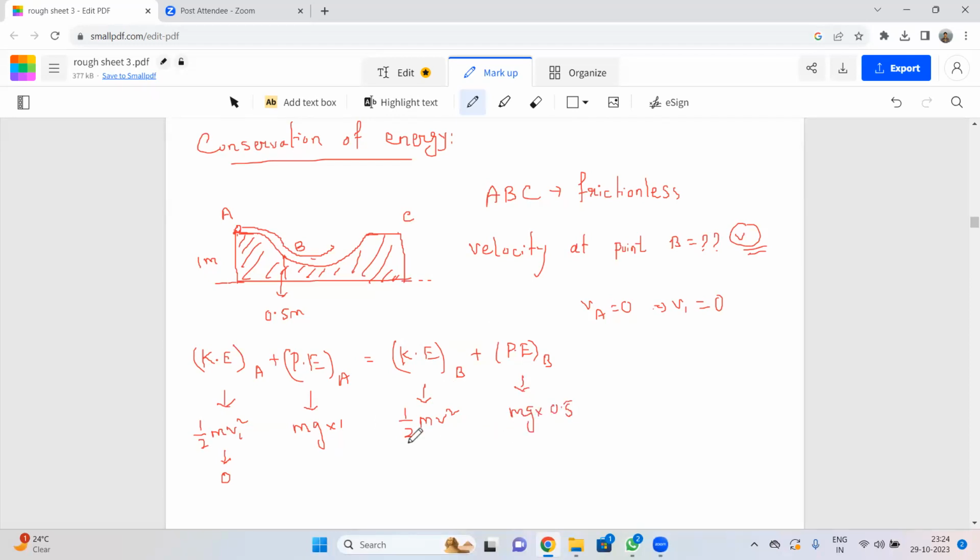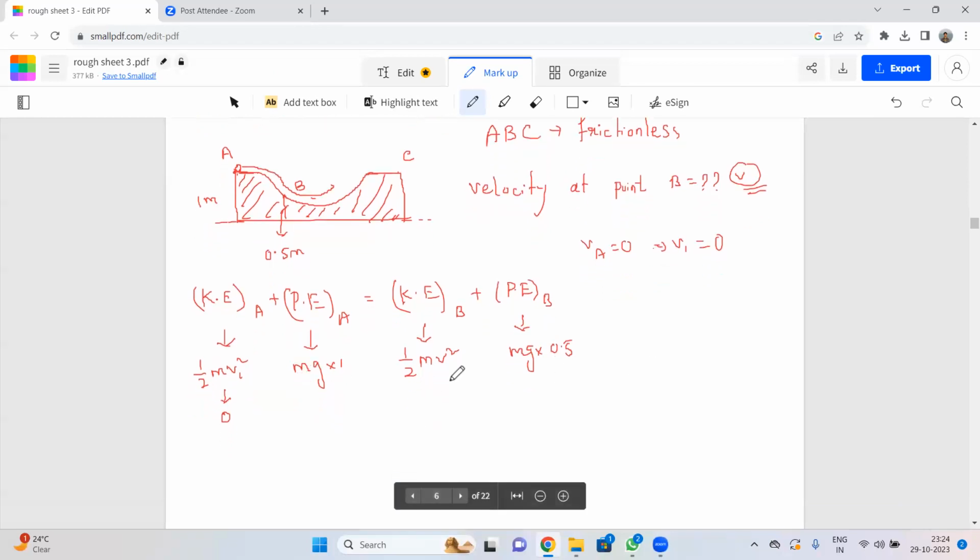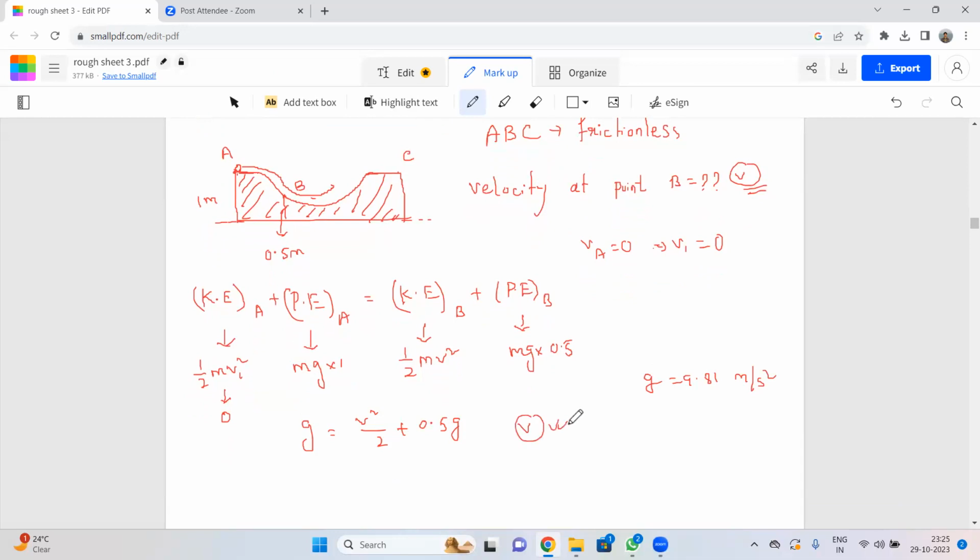So from here, m cancels out. So g is equal to v square by 2 plus 0.5 g. Generally, if g is mentioned, that is fine. Otherwise, you need to use 9.81, or 9.8. So from here, you can calculate your v.